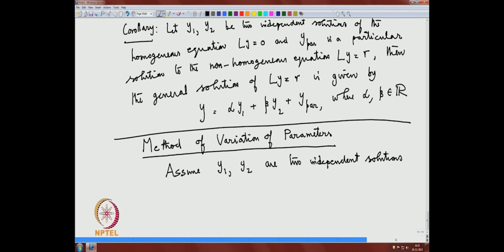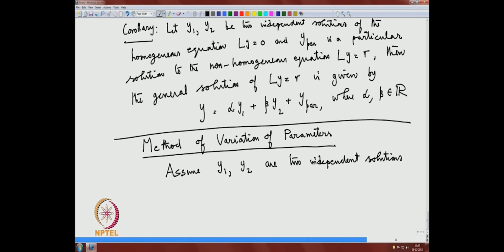The idea we are going to use is the same as we have used in reduction of order. In reduction of order, if you know one solution y, a second solution cannot be a constant multiple of that. So, you varied that constant as a function of t, and fortunately that reduced to a first order equation.